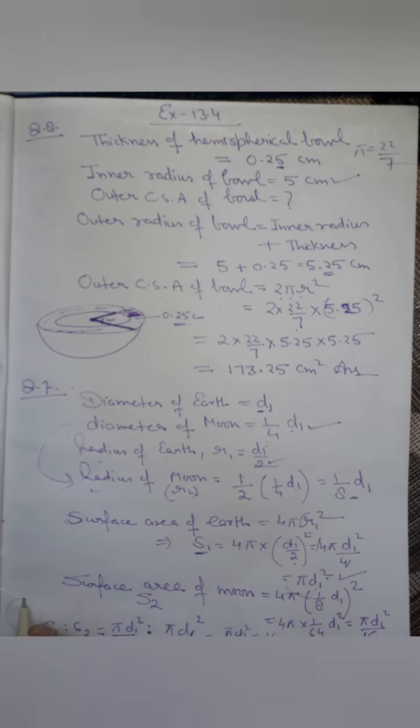So it means pi d1 square divided by pi d1 square upon 16. When we change this sign into multiply, there will be reciprocal, pi d1 square and pi d1 square will be cancelled, and final answer will be 16:1. It means the ratio of surfaces of earth and moon is in ratio of 16:1.